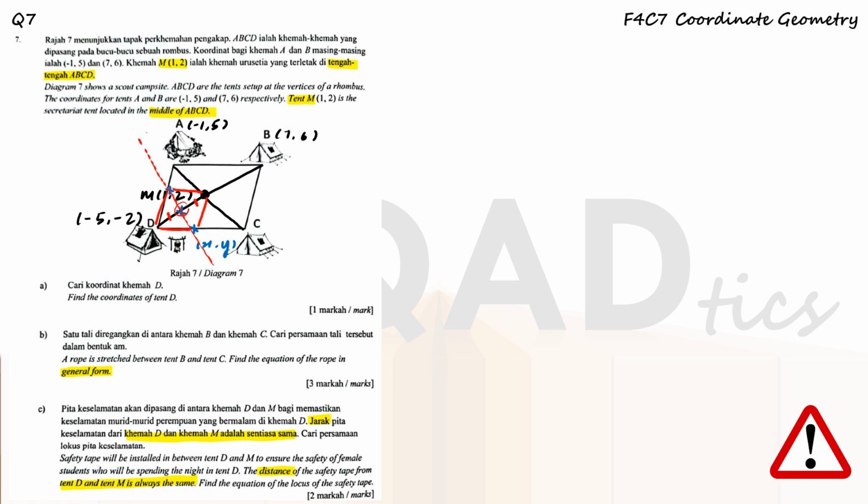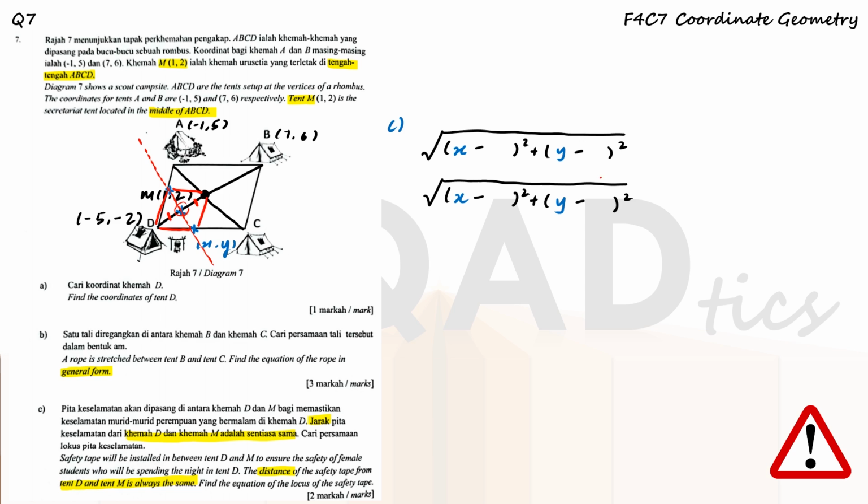Now to find the equation, let's use the distance formula since it uses distance as the condition. Firstly, I will find the distance between D and the blue point. The blue point's coordinates we don't know yet, so we'll put x and y. And the coordinates of point D are negative 5 and negative 2.